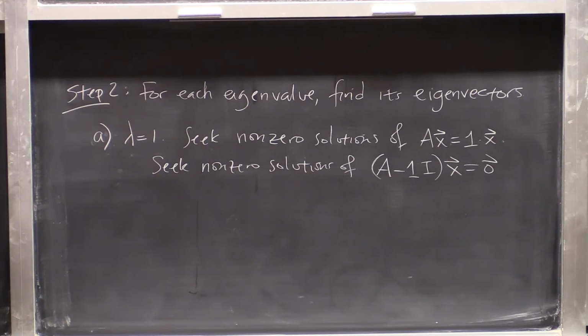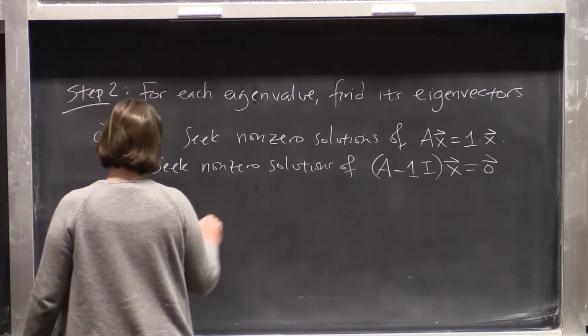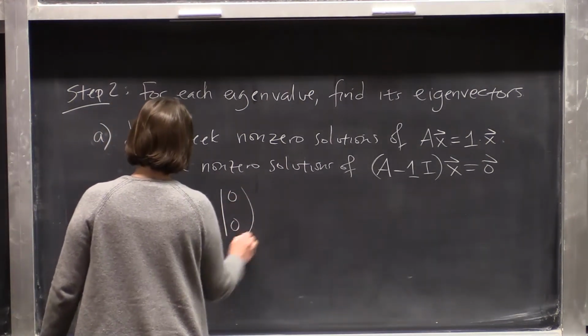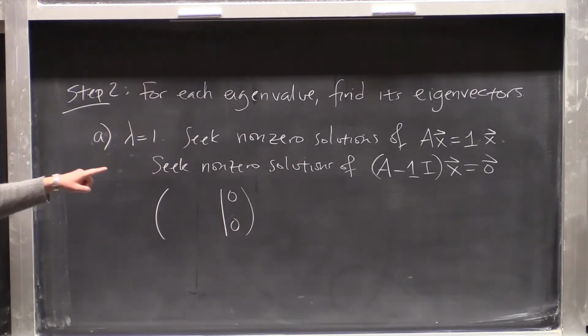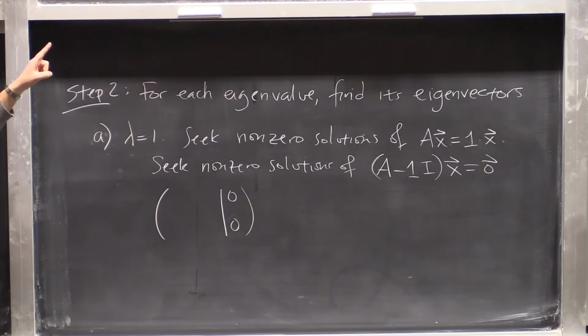So I need to write down an augmented matrix. So I need A minus 1 times the identity. In that second determinant, I have A minus lambda times the identity for general lambda. So all I need to do is take lambda equals 1. In the 1,1 entry, I have -3/5 minus 1.